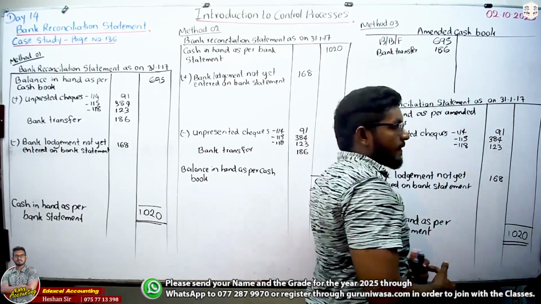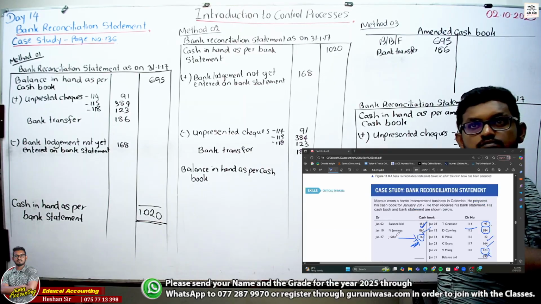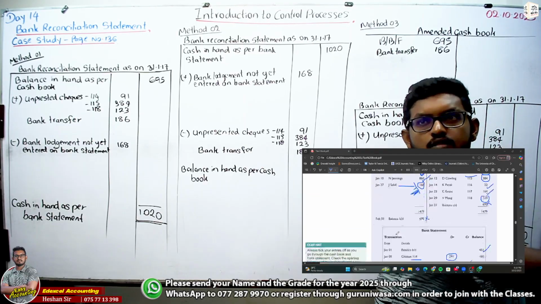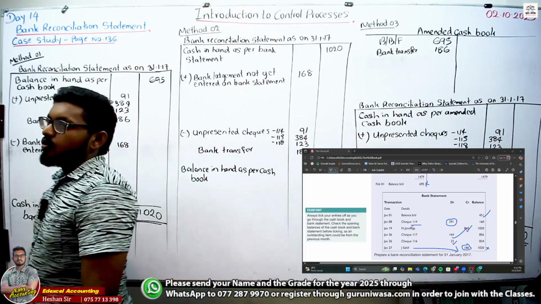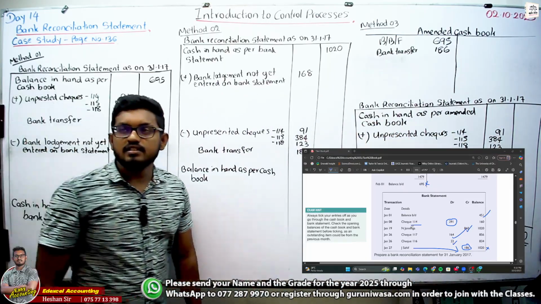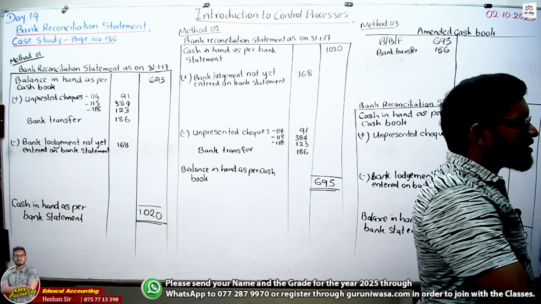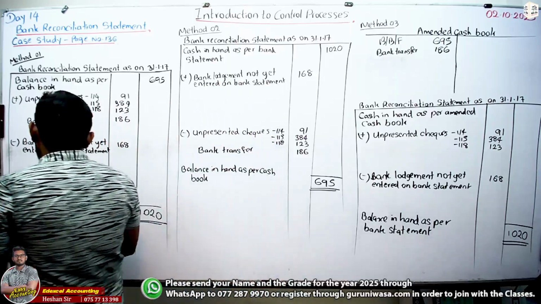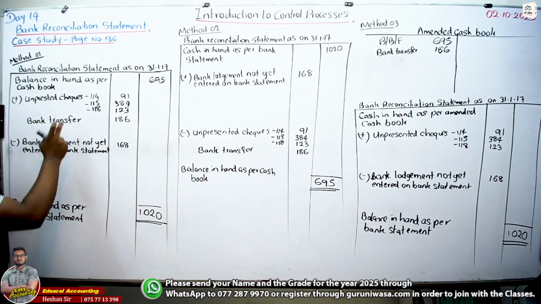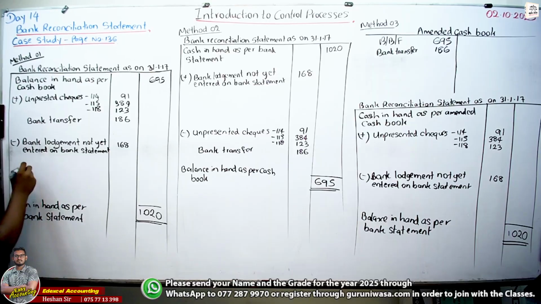Okay, this one. You can see check number 114, 291. I don't know whether they have given you anything. Let's take this one as a standing order. Now tell me what we need to do for a standing order. Standing order, bank statement deducted, which means 90. This is 100. From 100 we deduct 10 to take the 90. Right?